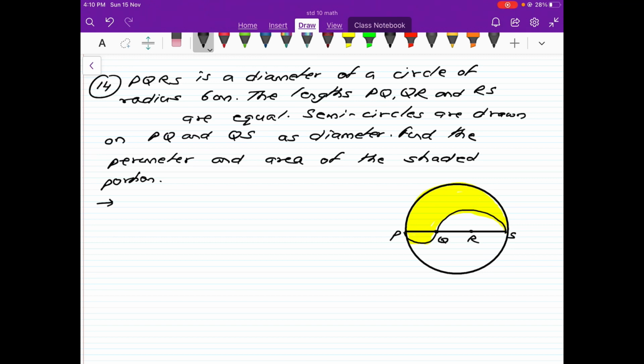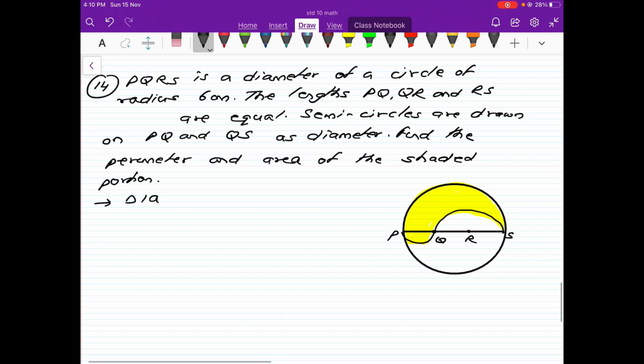So the diameter of the circle is 12 centimeters because the radius is given as 6 centimeters. So the diameter of the circle is equal to 6 into 2, which is 12 centimeters.